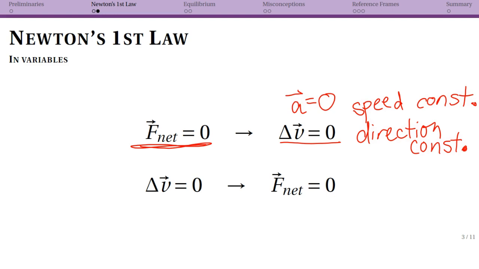The first line says, if you know that your net force is equal to 0, then your velocity must not be changing. But we can also flip it around. If your velocity is not changing, then you can infer that your net force is equal to 0. So if one of these is true, the other one is true. This is the idea of saying "if and only if." So whichever way makes more sense, either in words or with this notation, that's the idea of Newton's first law.